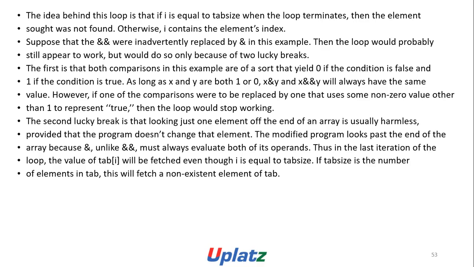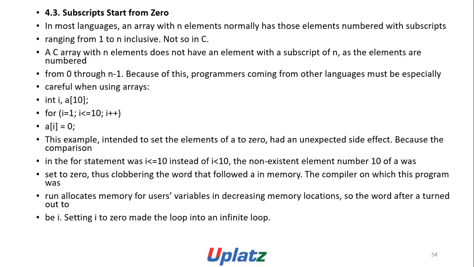The modified program looks past the end of the array because & like | must always evaluate both of its operands. Thus, in the last iteration of the loop, the value of tab[i] will be fetched even though i is equal to tabsize. If tabsize is the number of elements in tab, this will fetch a non-existent element of tab.